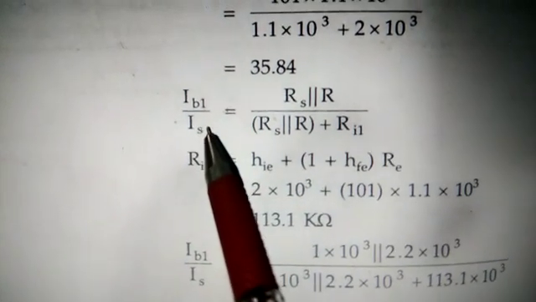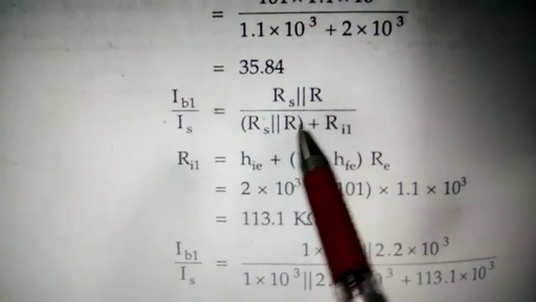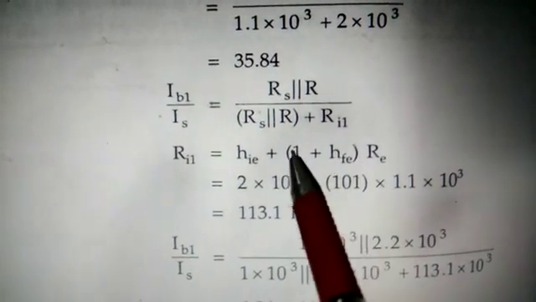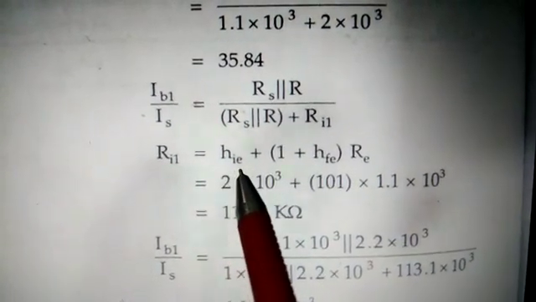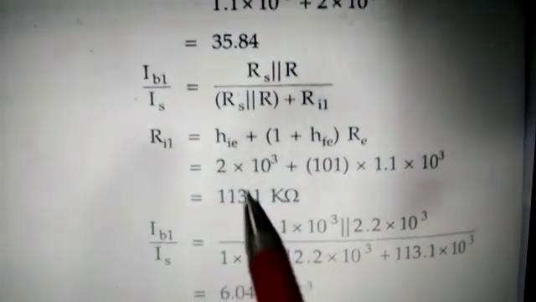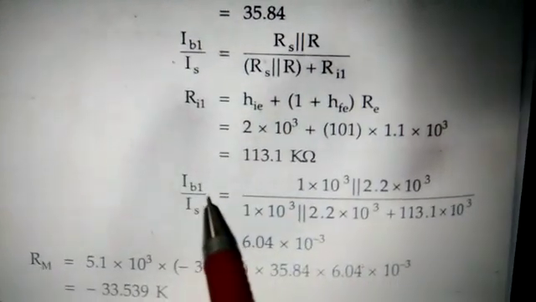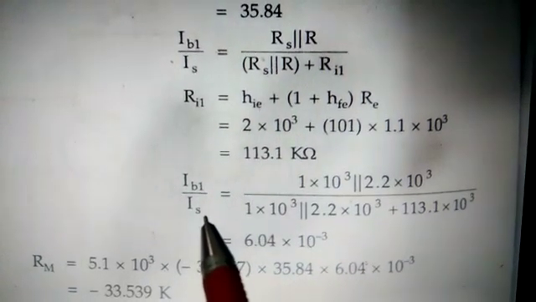And the last factor you have to calculate is IB1 upon IS. Looking at the circuit, you will get it is equal to RS parallel to R upon RS parallel to R plus RI1. RI1, with the standard formula of the H parameter, is equal to HIE plus 1 plus HFE into RE. Put the values, this is equal to 113.1 kilo ohm. And then calculate this ratio IB1 upon IS.